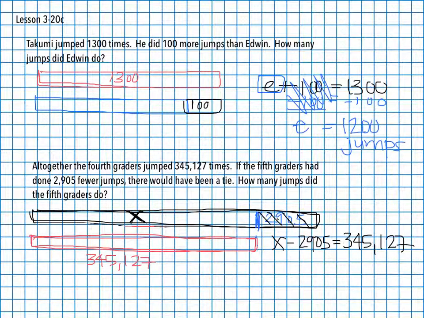Now, our first thing is, remember, we want to get our variable all by itself. Here's our variable. We want to get it by itself.